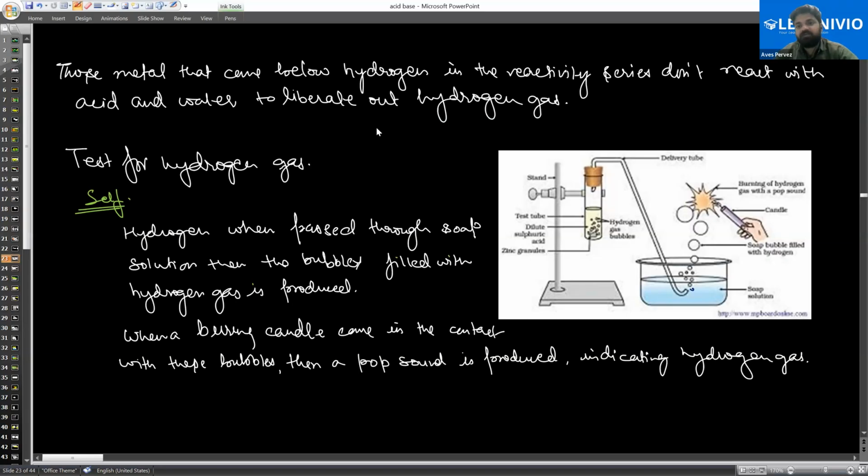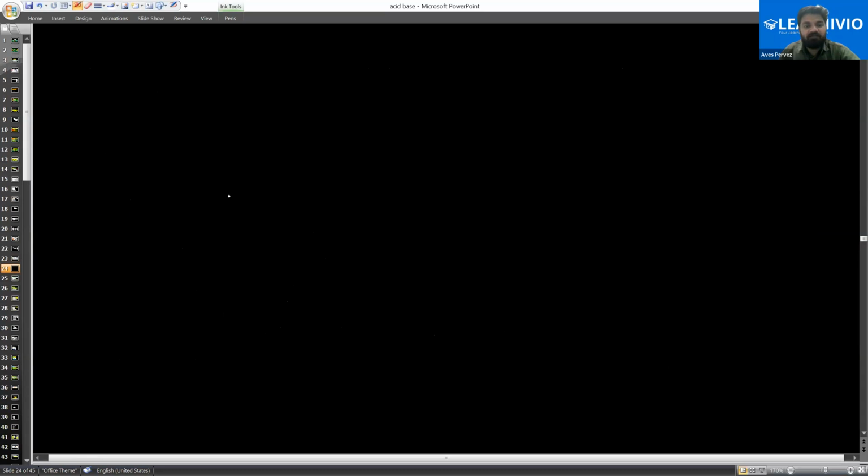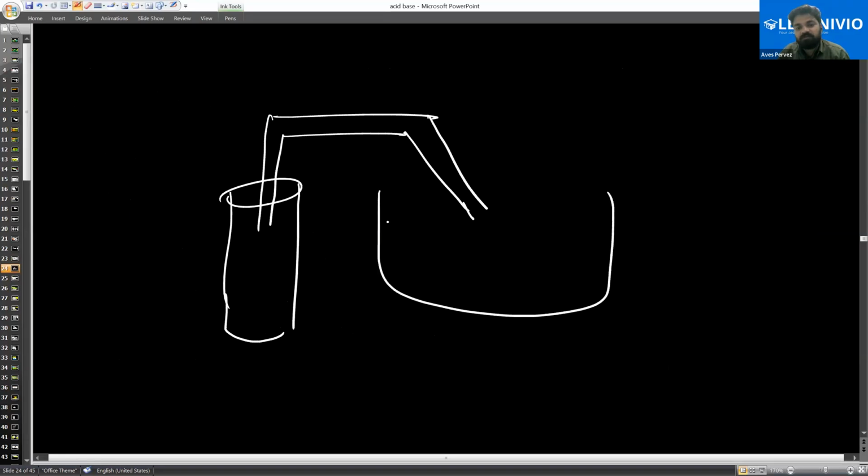Now there is a test for hydrogen gas. As you know, we have this test tube, and if you pass the gas through soap solution, then what would happen?